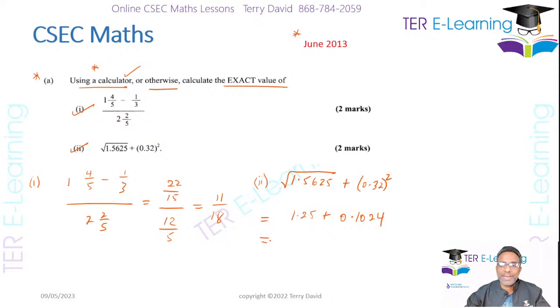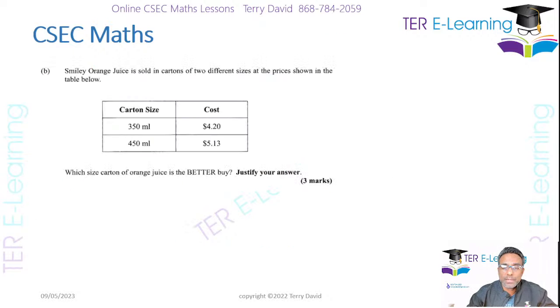So when I add this, I'm going to get 1.3524. So that's part A, part 1 and part 2. Basically, we're using our calculator to do this. Part B now.